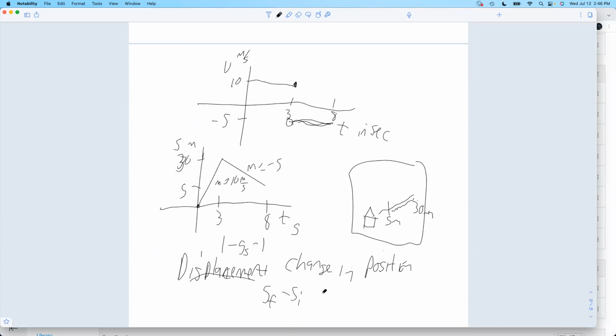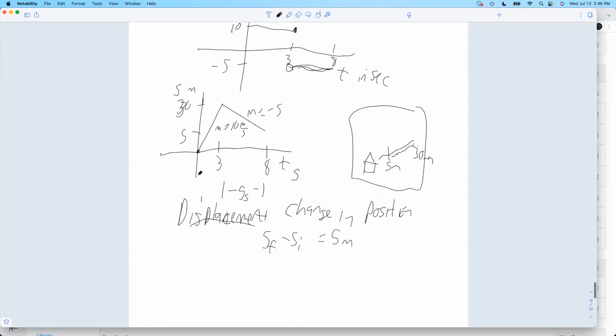That would just be 5 meters away from home. That is, displacement is always just the integral, in this case from 0 to 8, of v of t dt. Displacement is the definite integral of velocity.